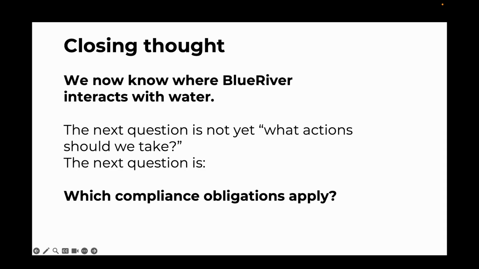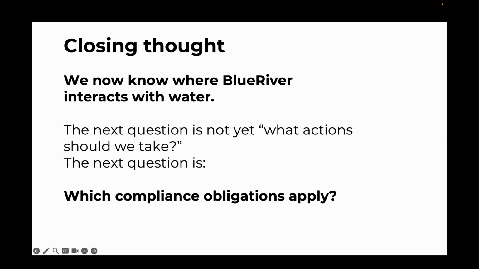The aspects register shows where BlueRiver interacts with water, where impacts may occur, and where environmental conditions may create risks or opportunities. BlueRiver is no longer talking about the environment in general terms. It's now determining specific activities, specific aspects, specific impacts, and specific reasons why some of them may matter more than others.